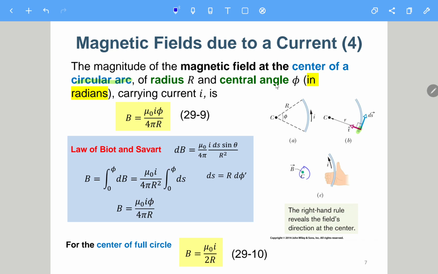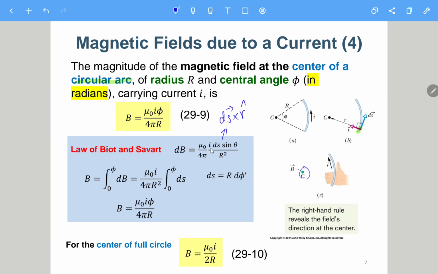So for the Biot-Savart law, you use ds cross r hat. You can also see B is pointing out of the page. If you use the right hand rule, following the direction of the current, your thumb will be pointing out of the page. Okay, so this is the Biot-Savart law.